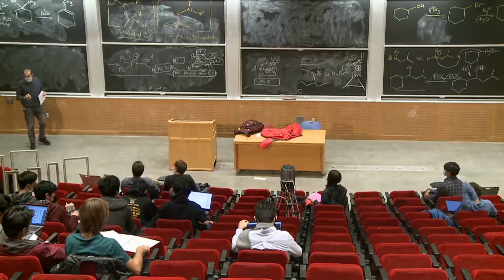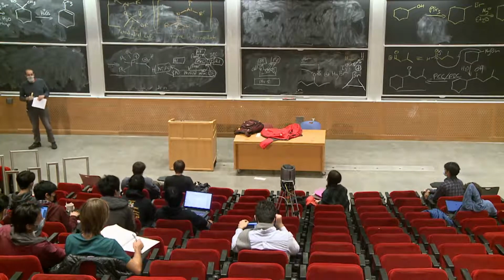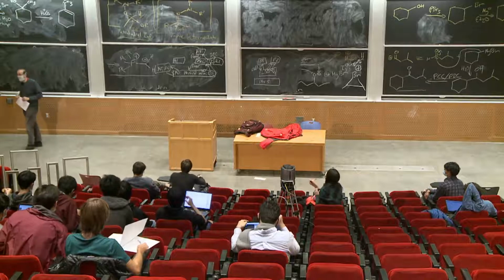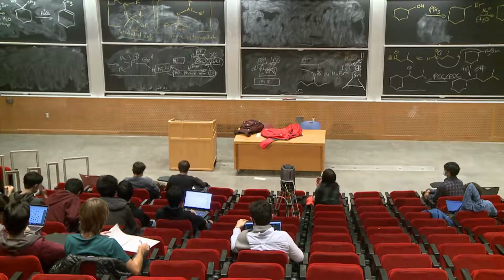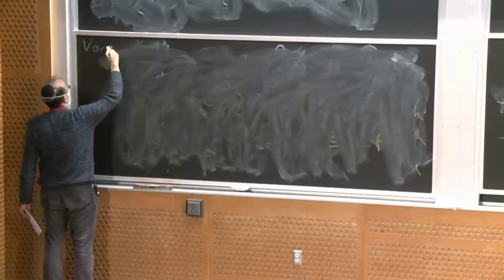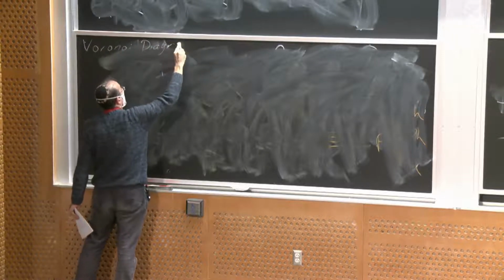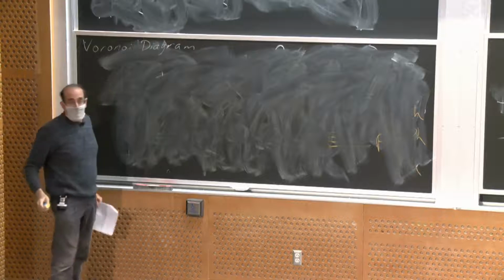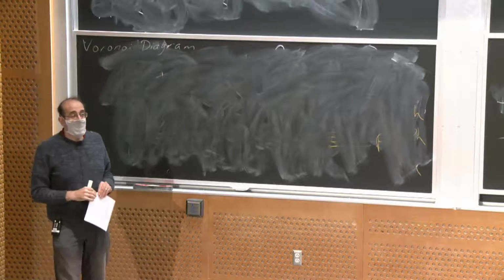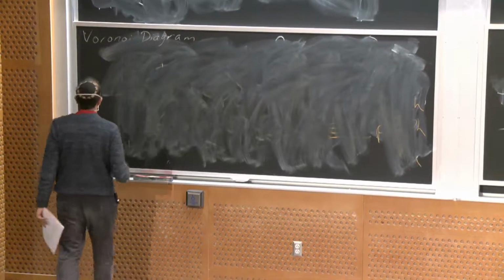All right, hello everybody. Today is going to be devoted to a really wonderful data structure in computational geometry called the Voronoi diagram. And it's motivated by near neighbor searching.